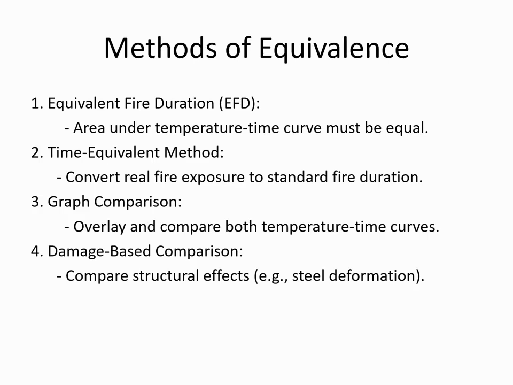These are the methods used for evaluating component fire and furnace fire. First method is equivalent fire distribution, and the time equivalent method, graph comparison, damage based comparisons. These methods are used to ensure the laboratory testing reflects real world fire behavior.